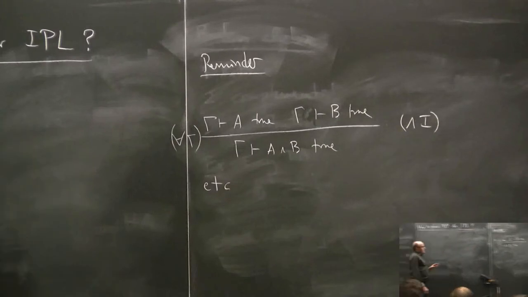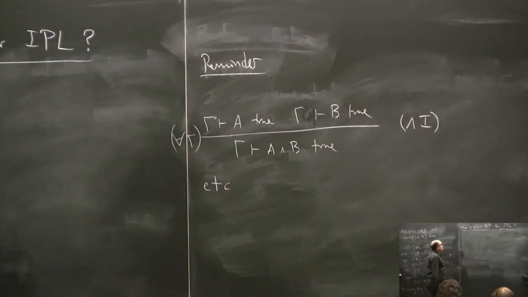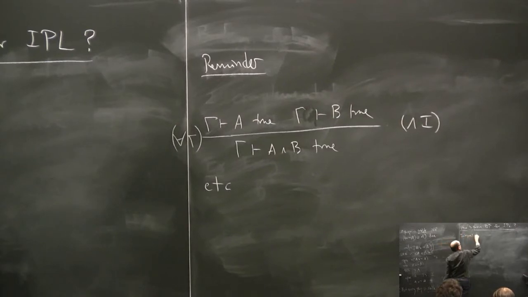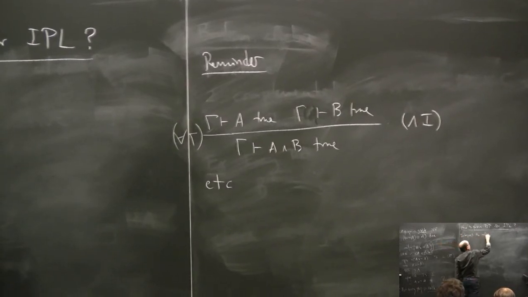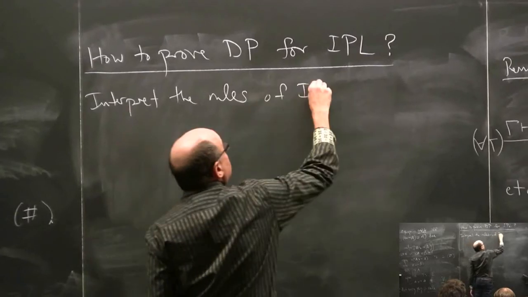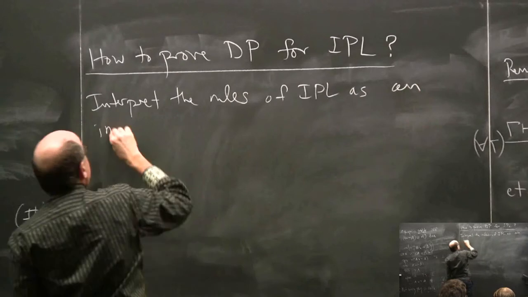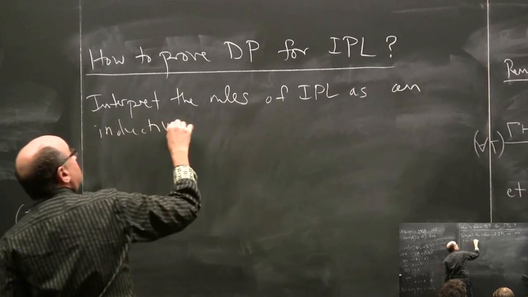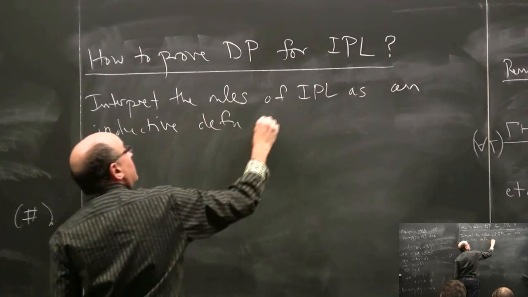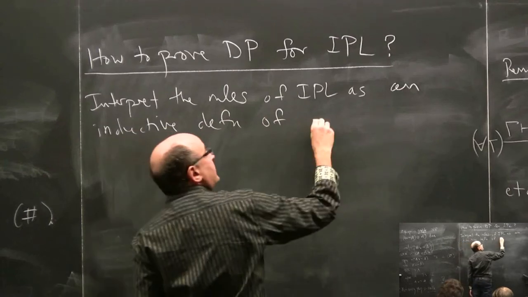So in other words, the rules of the logic now, so what we do is we interpret the rules that I gave you of IPL as an inductive definition of a consequence relation of entailment.